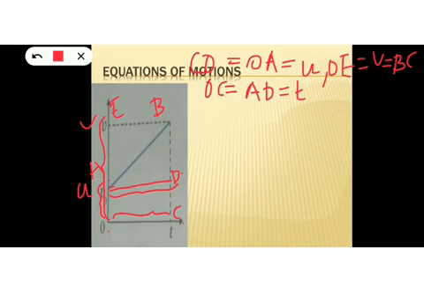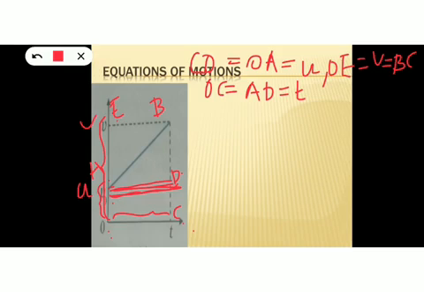So these are some of the data obtained from the graph. OA equal to CD equal to U, initial velocity, because both sides are parallel. Then OE equal to BC, that is equal to final velocity V. And OC equal to AD, and that is equal to time because it is parallel to the time axis.